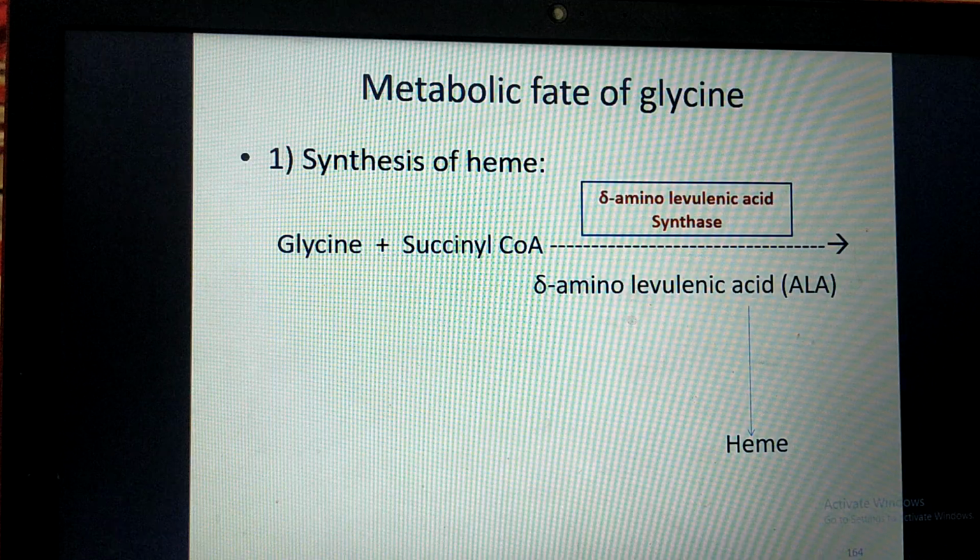Later on, this delta aminolevulinic acid, after a few steps, gets converted into heme, and when heme concentration increases in the cell, it will inhibit this enzyme delta aminolevulinic acid synthase to stop its further production by allosteric mechanism.